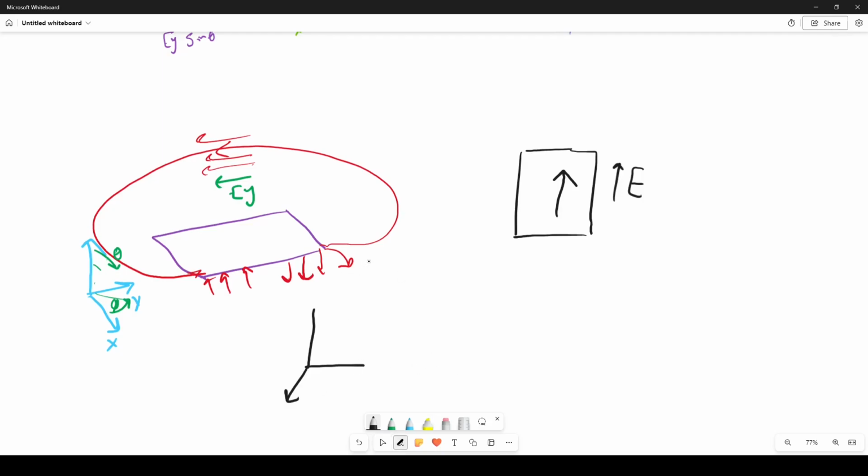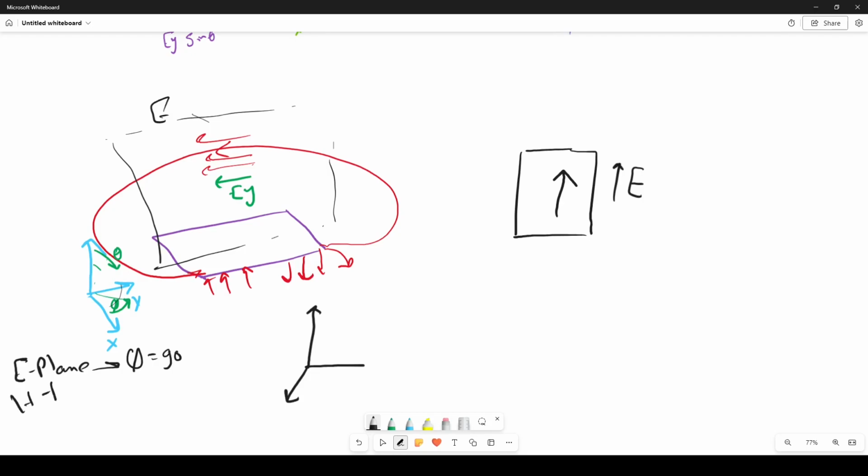This is the plane where the E field is maximum and linear. In our case, this plane is called the E plane. The H plane is the opposite one. In our case, the E plane is when phi equals 90, and the H plane is where phi equals 0.